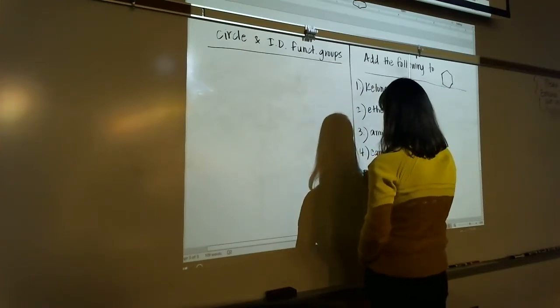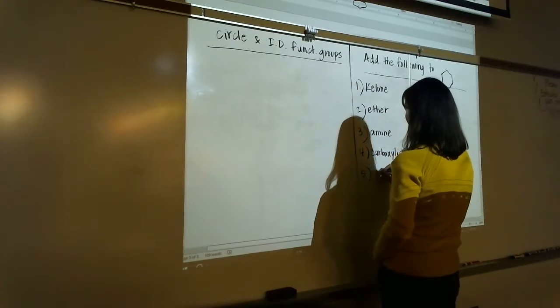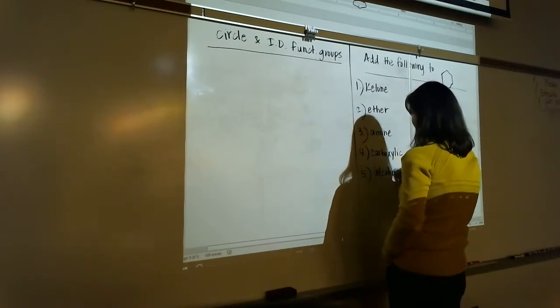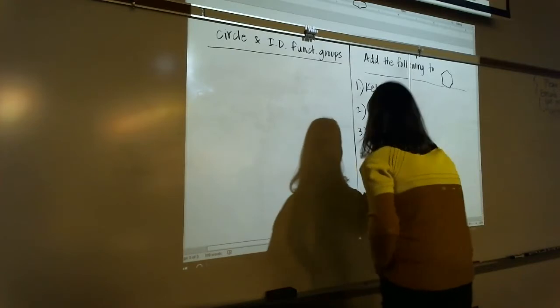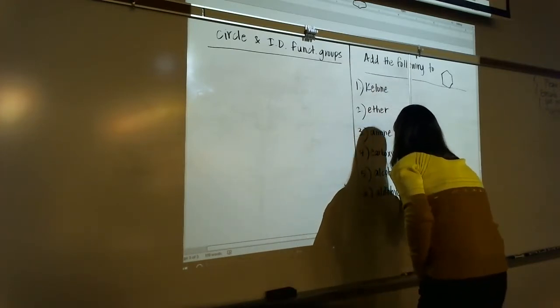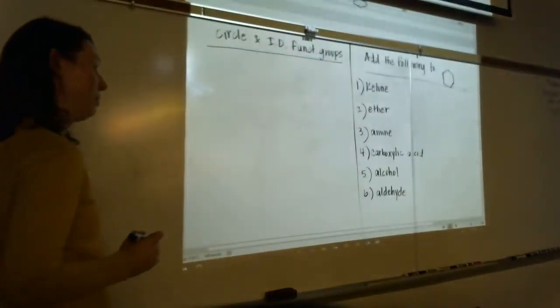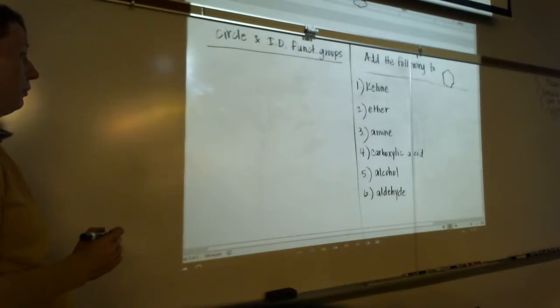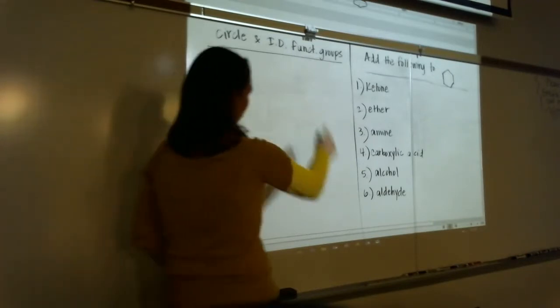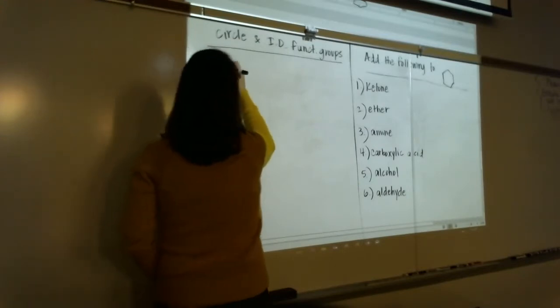Add a, what else do we do? Alcohol. And add an aldehyde. So you'd have to probably draw 6 different molecules. I mean, maybe you could find a way to make it work. But that's what I want you to do. All right, here, let's see.